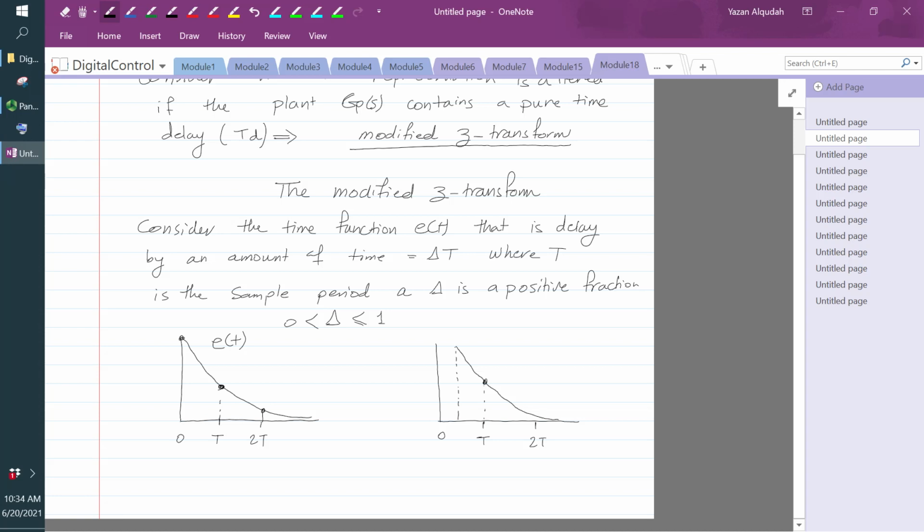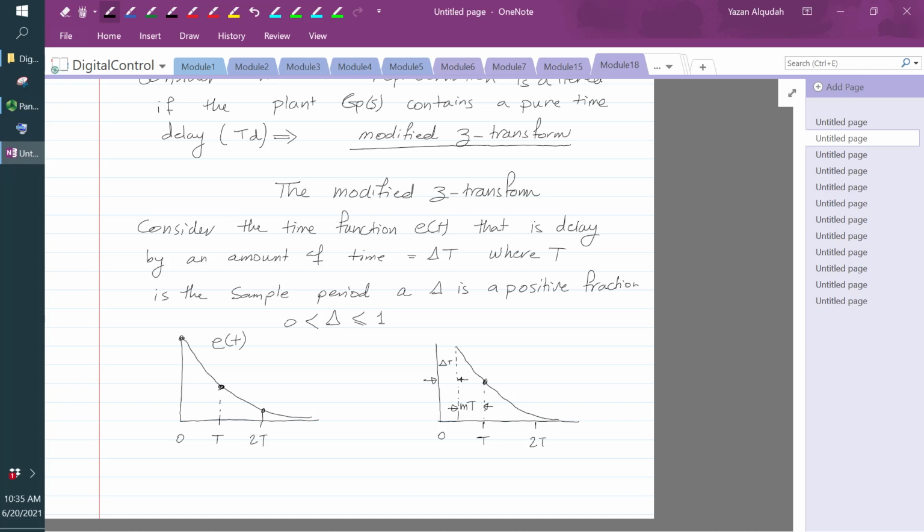If I define this time here as m multiplied by T, and this time here as delta multiplied by T, the signal is delayed by delta multiplied by T.